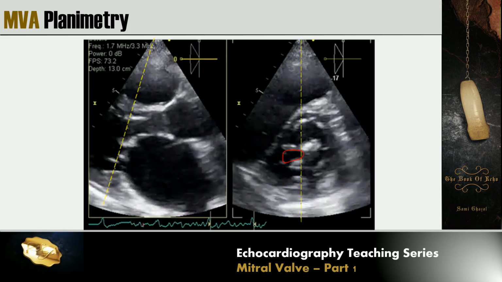If we have the luxury of a 3D probe, we can use simultaneous biplane. So we align the cursor here at the mitral leaflet tip, and then we obtain a short axis from this long axis view.